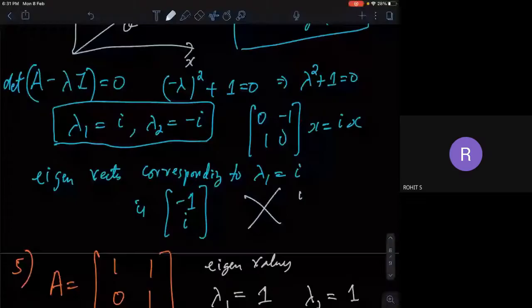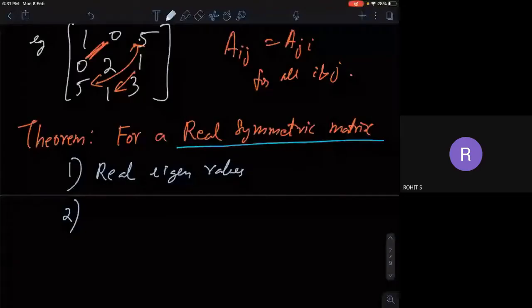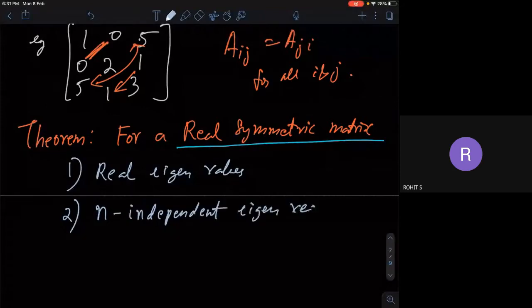That's the main thing. So the eigenvalues are going to be real, and you're going to have independent eigenvectors.